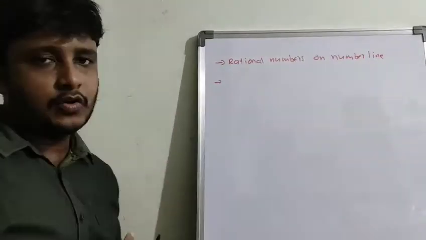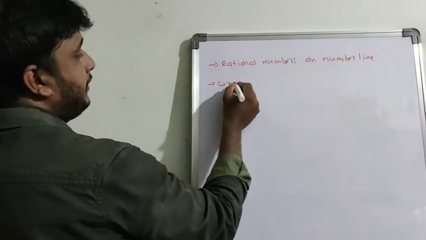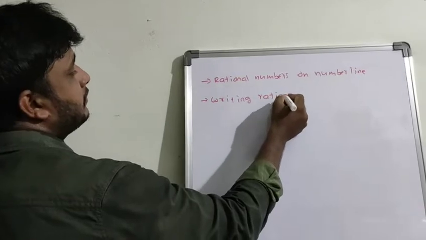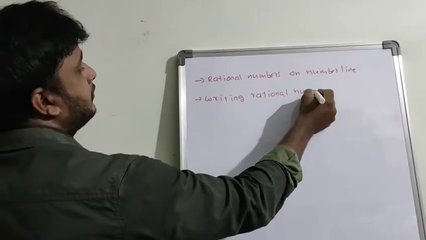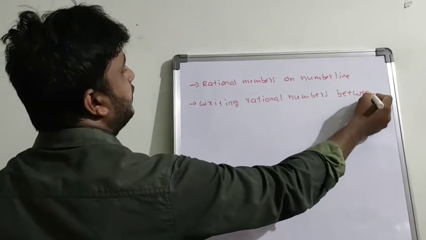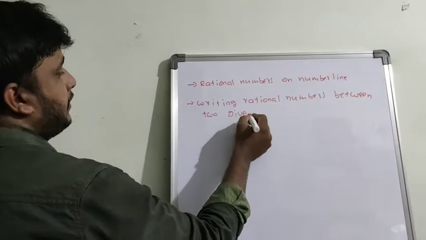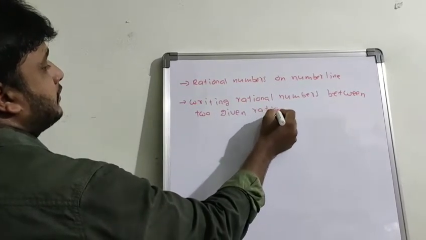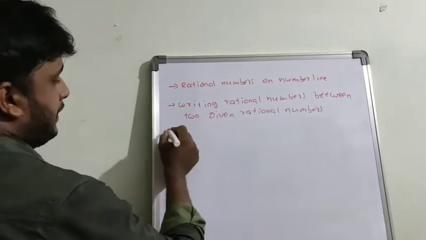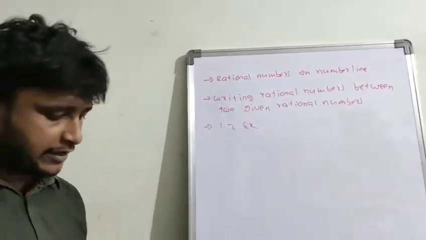Next, how to write rational numbers between two given rational numbers. Next, the exercise 1.2 questions. This we are going to discuss.